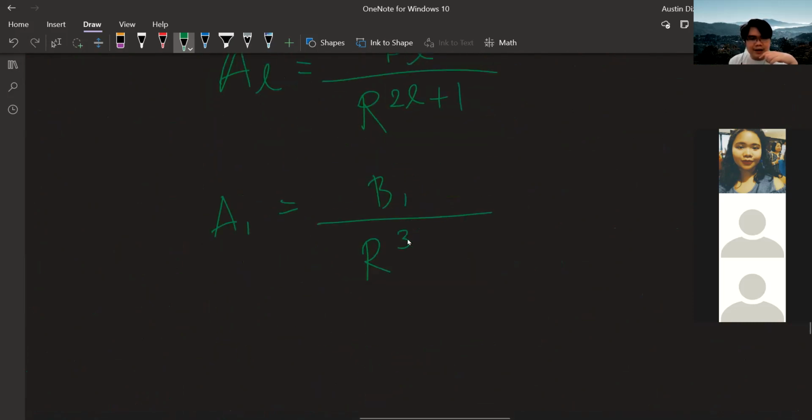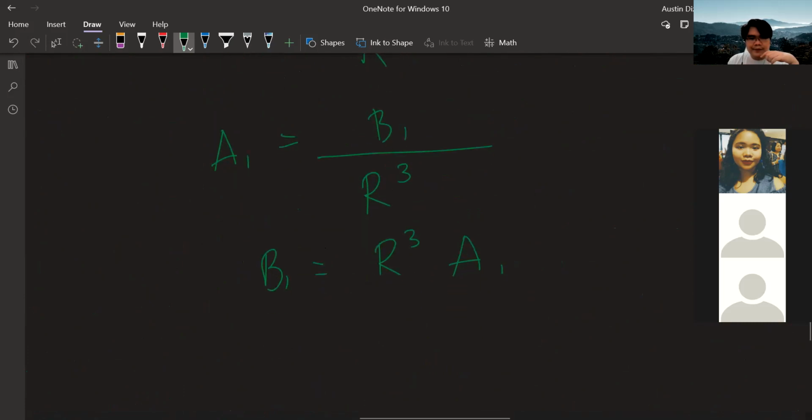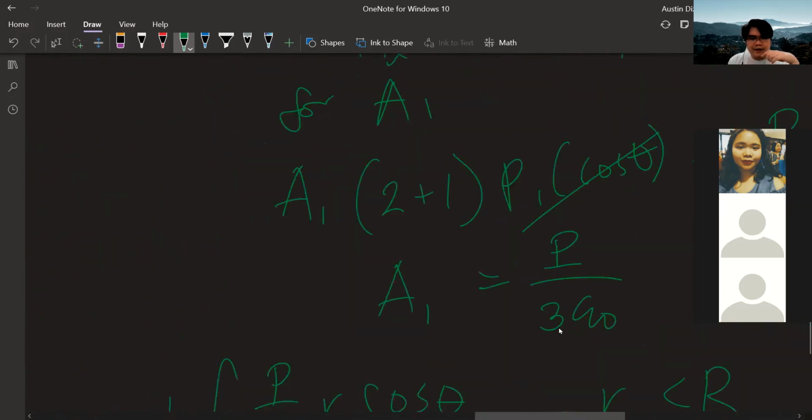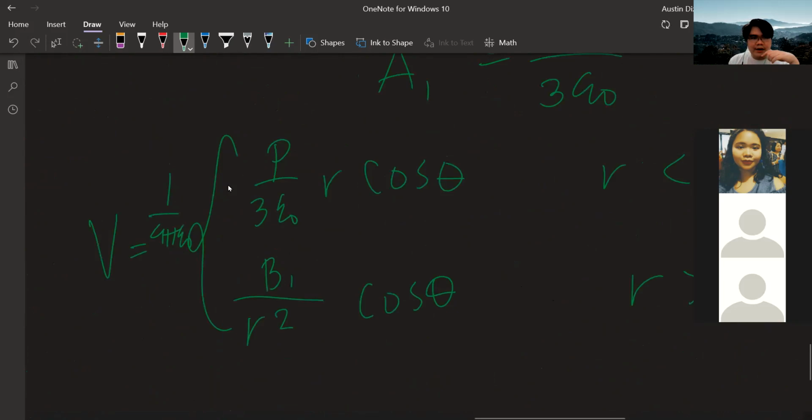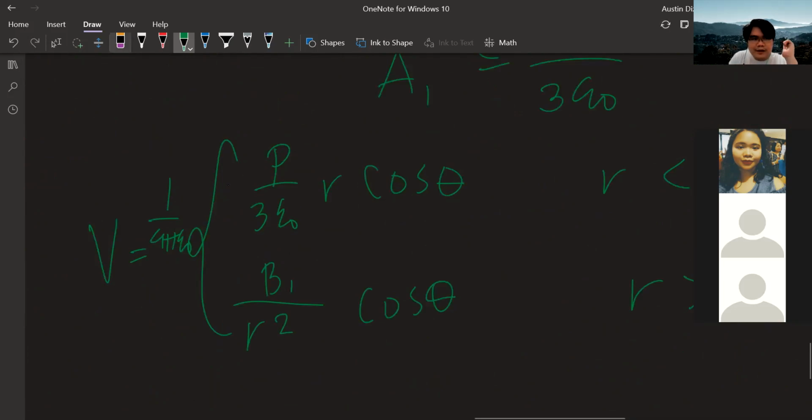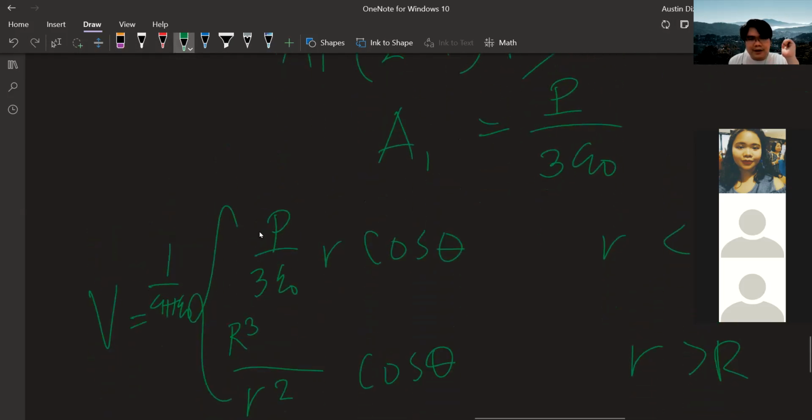So si B1 ay equal sa R cubed ng A1. B1 ay R cubed ng A1. So ang A1 ko ay P over 3 epsilon naught.